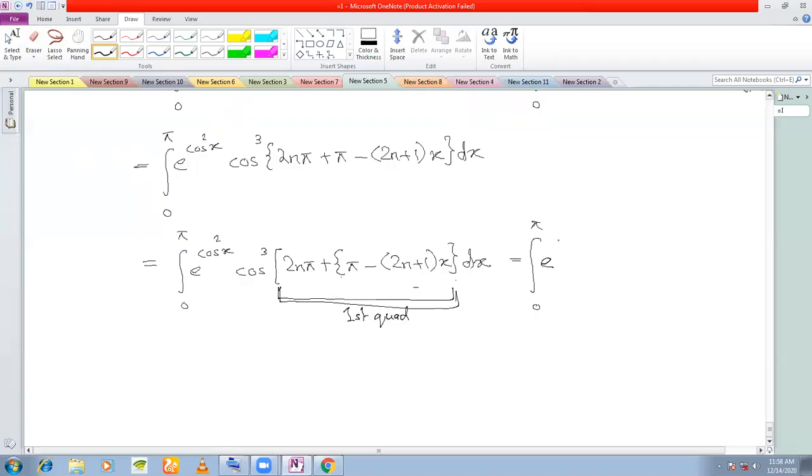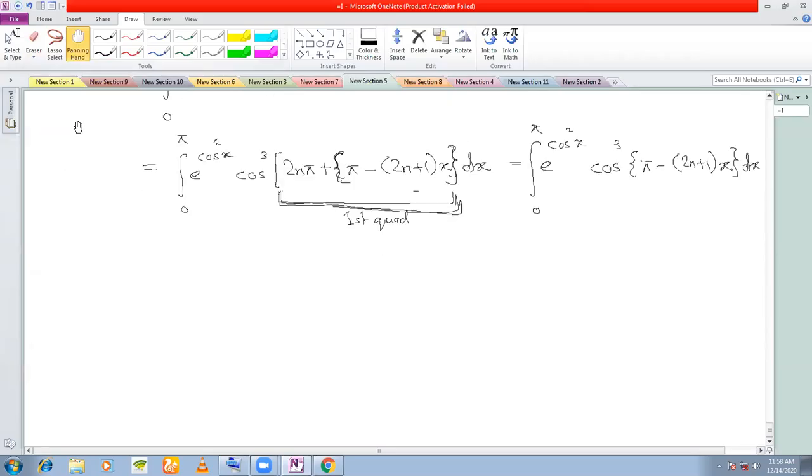So you can write this as e to the power of cos square x, cos, and cos is positive in the first quadrant, so this will become cos cube of (pi minus (2n plus 1) x). Can I write it this way? Because this entire angle is in the first quadrant, we can write cos of this angle only. Next, the integral 0 to pi of e to the power of cos square x.